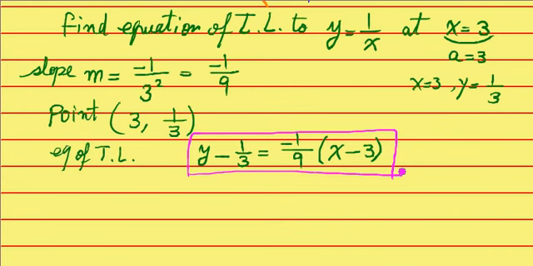Now, if you have the desire to rearrange this, you can multiply through and carry the items to the other side if you wish. So you can write y minus 1/3 is equal to minus 1/9 of x. Minus 1/9 times minus 3 simplifies to 1/3.